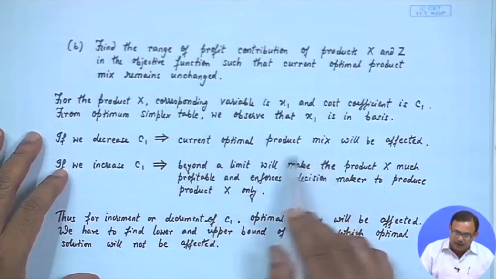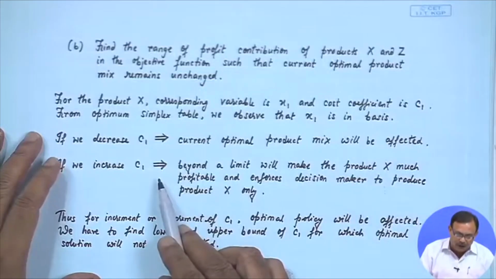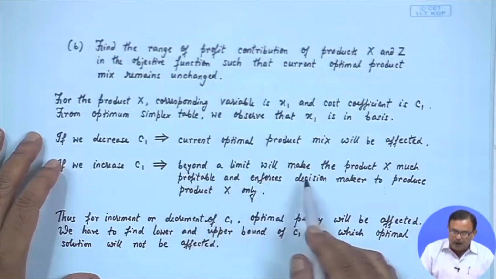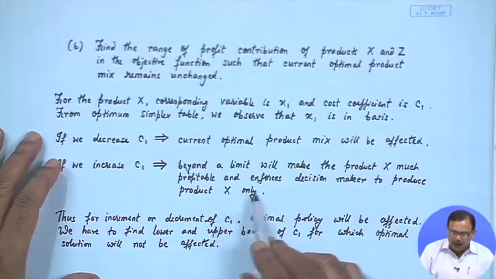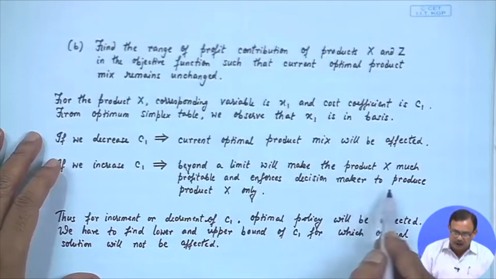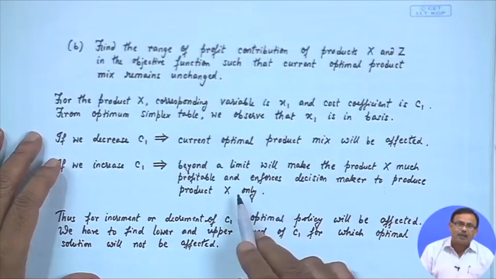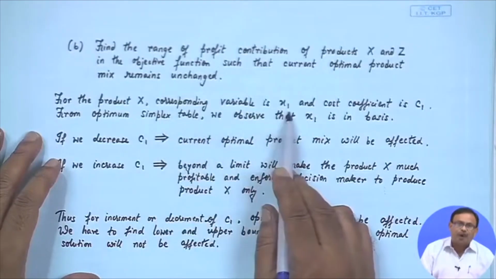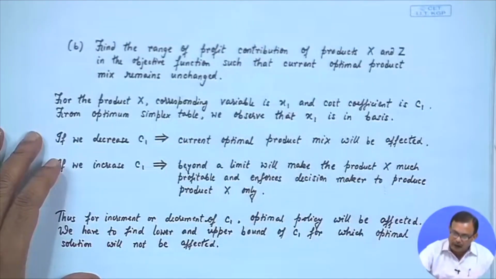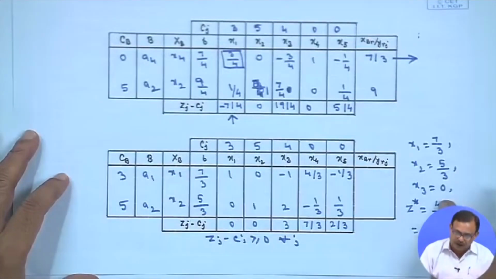The current optimal product mix will be affected, and if we increase C1, beyond a limit it will make product X much more profitable and force decision makers to produce product X only. Since the variable corresponding to product X is X1, it is present in the basis of the optimal solution.